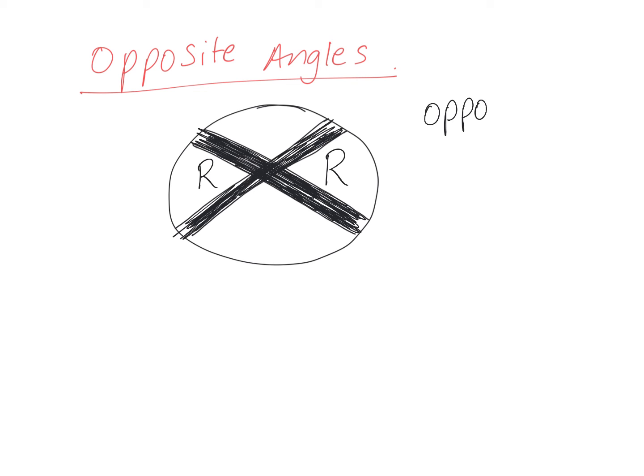Opposite angles are equal. So remember this sign and you'll always get what the angles are supposed to be for intersecting lines.